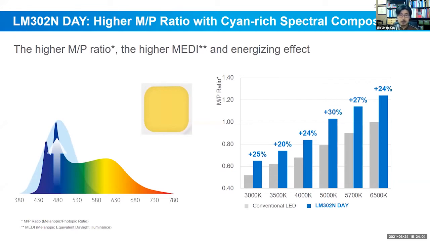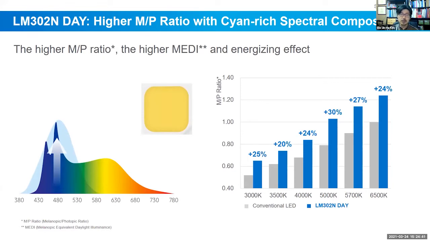The MP ratio that we got from this new spectrum of the LED can be seen on the right-hand side in the chart, from 3000 Kelvin all the way to 6500 Kelvin, where we compare the MP ratio of LM302N-Day, which is represented by blue bars, compared to the MP ratio of conventional LEDs, which is represented by the gray bars.